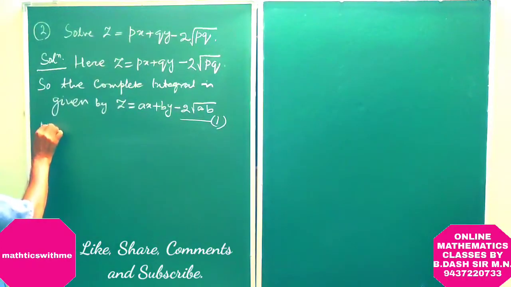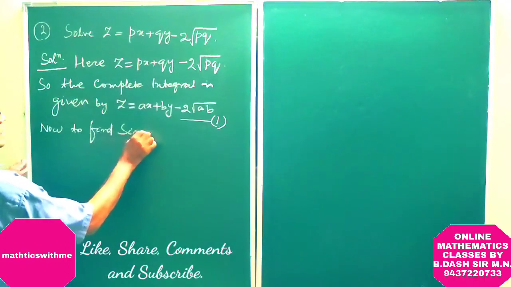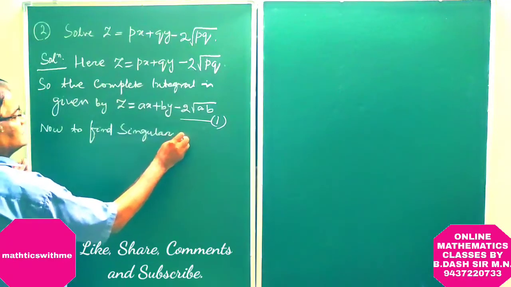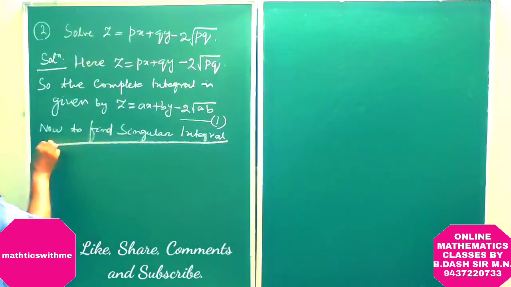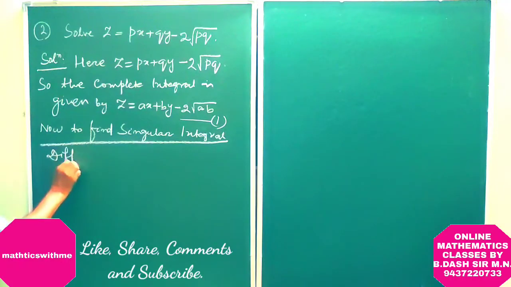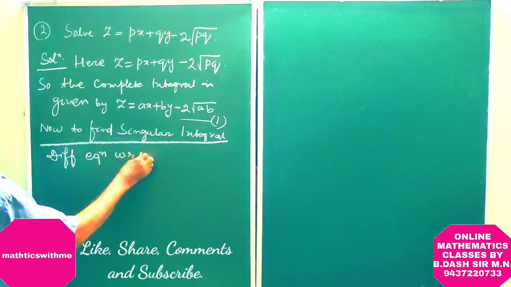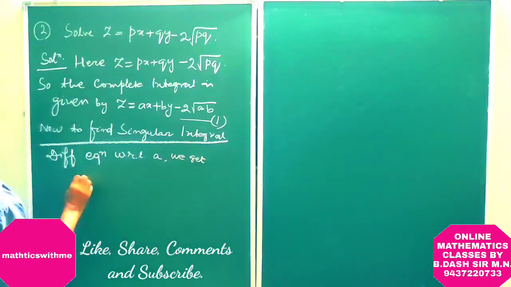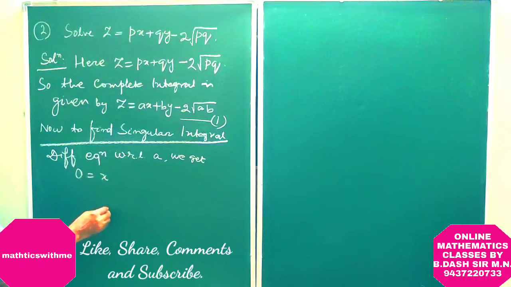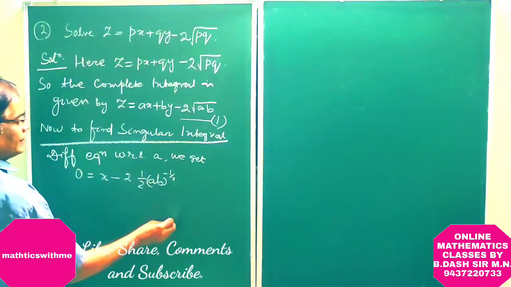Now to find the singular integral or singular solution, differentiating equation 1 with respect to a, we get 0 is equal to x minus 2 into 1 by 2 (ab) to the power minus half into b.